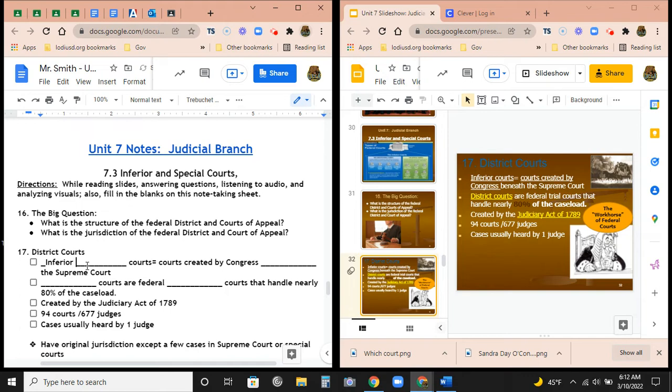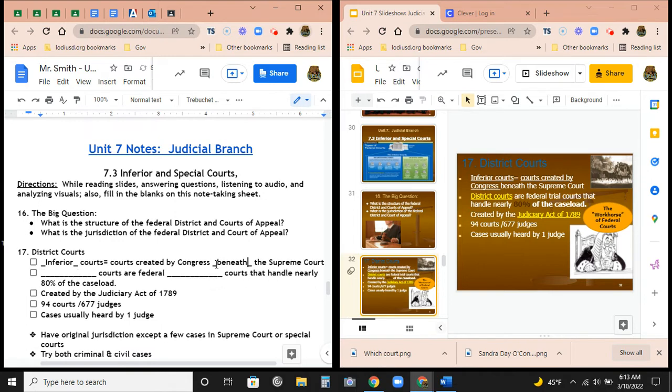Congress, beneath. To underline it and make it look nice, Control U, underline. I think you should do that too.